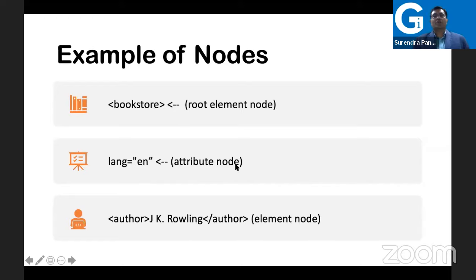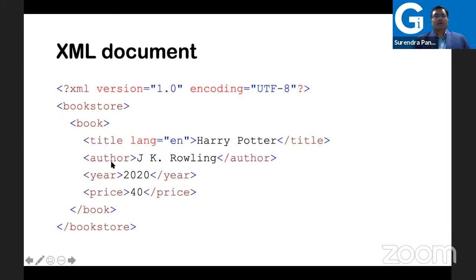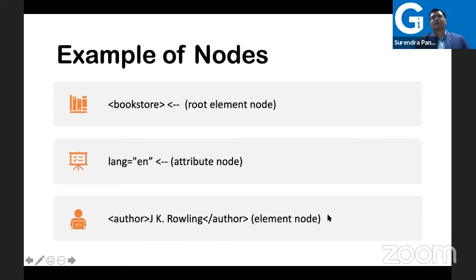So this is called an attribute node. Then author, year, and so on are element nodes. So in a broader way, there is a root element, there is an attribute node, and obviously other elements also, but these are quick examples of the nodes here.